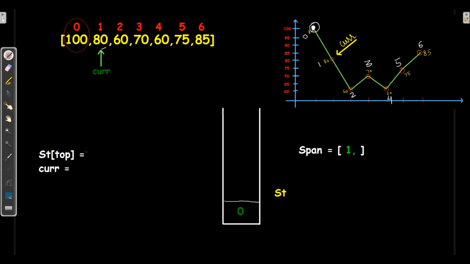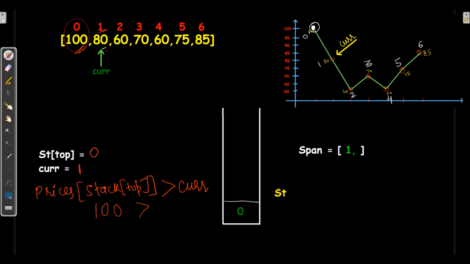At stack top, we have the index as 0. Now at stack top, there is 0 index, whereas current is at 1 index. So if we take both price of stack top, if it is greater than current, price of stack top is 100. Is 100 greater than 80?